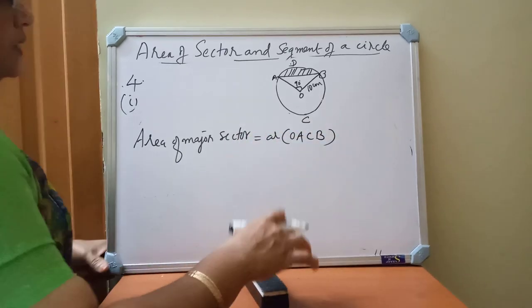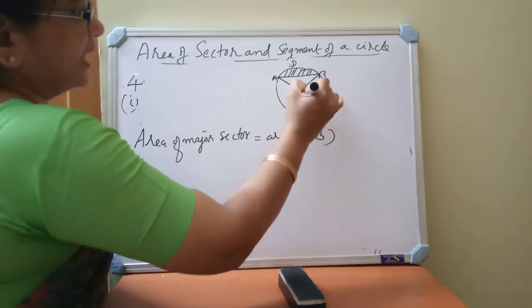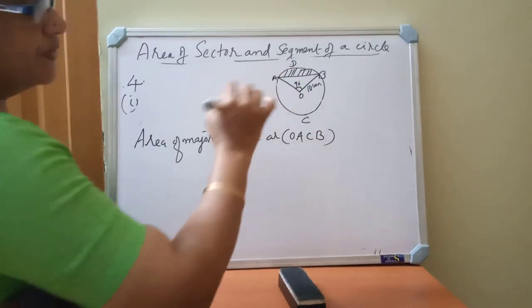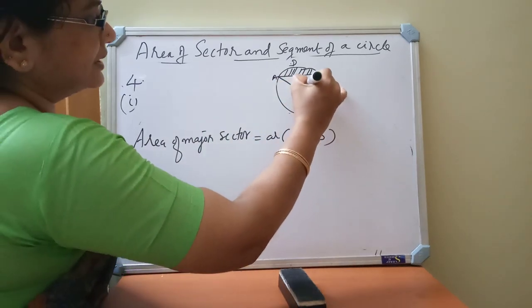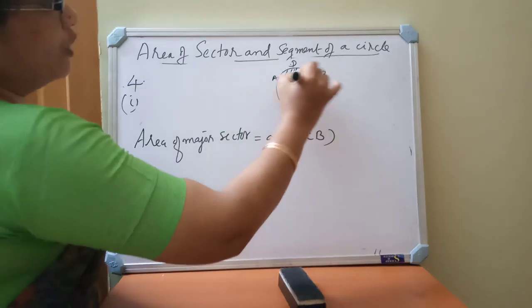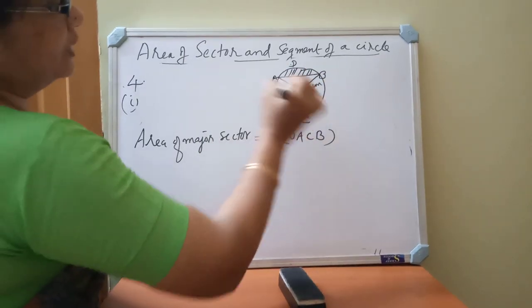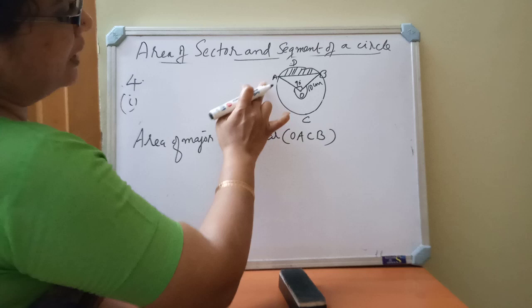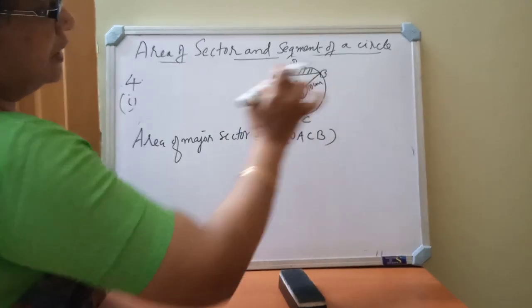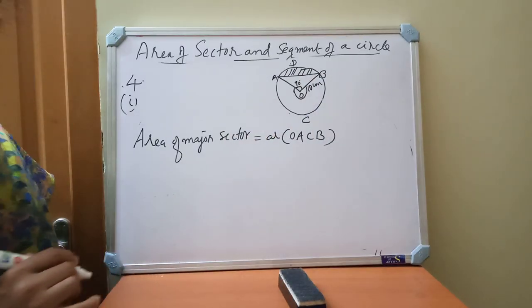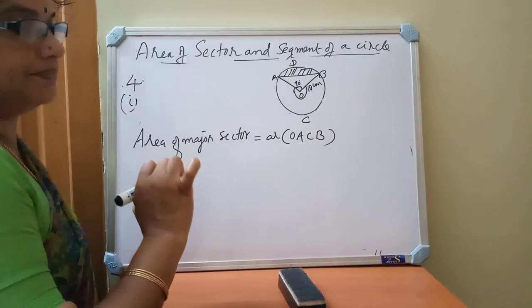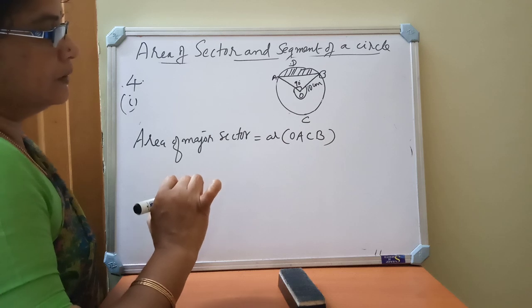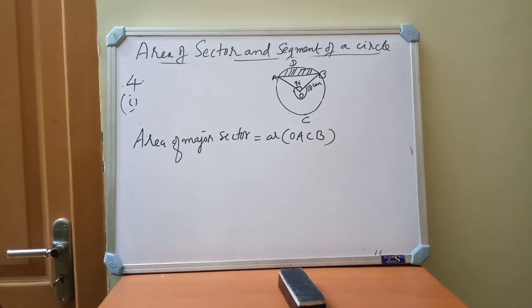Area of major sector is area of OACB. So see that this full angle is 360 degree. So first we must know what is theta here. In the major sector, totally 360. So what about this angle, children? This one is 270. Isn't it? Theta equal to what? 270. 360 minus 90. So we will get the theta value as 270.